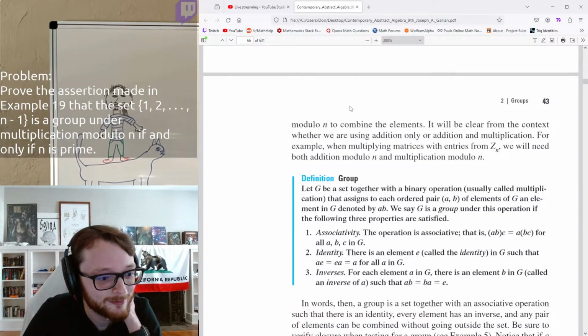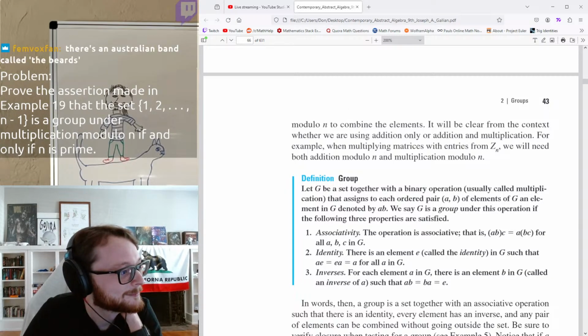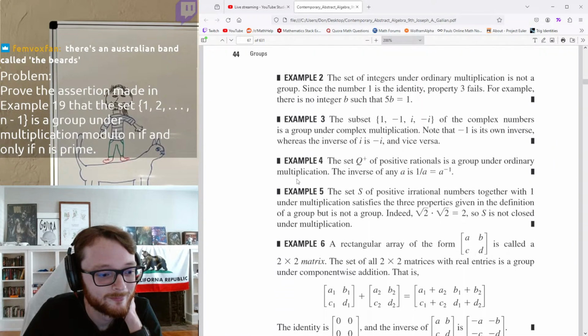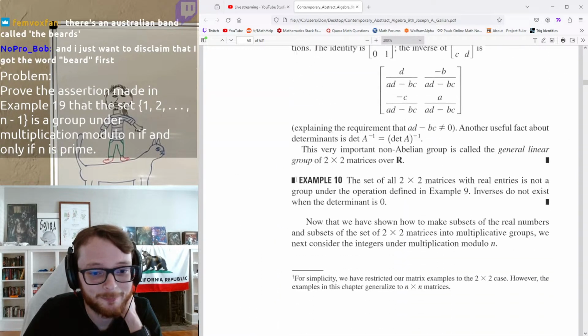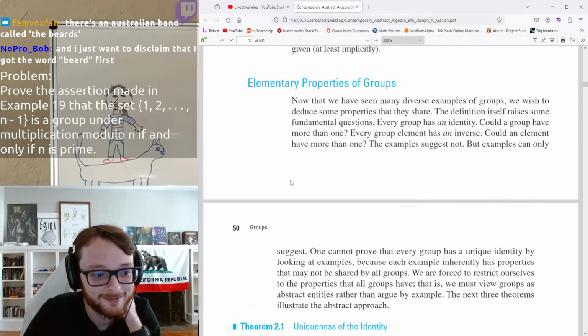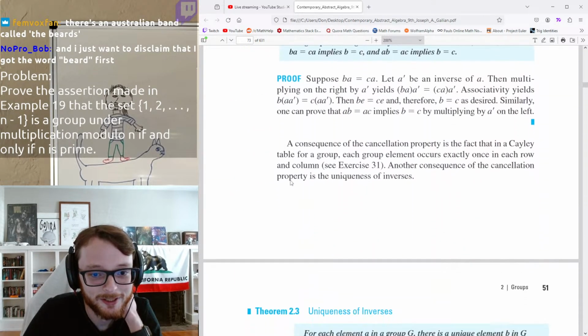So I was like, oh, okay. It's an Australian band called The Beards, really? That's true, yeah. Bob to get the actual word beard first, it's gonna be a super long time to actually get beard.